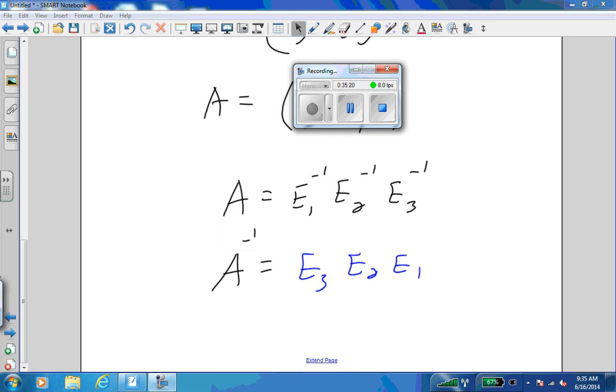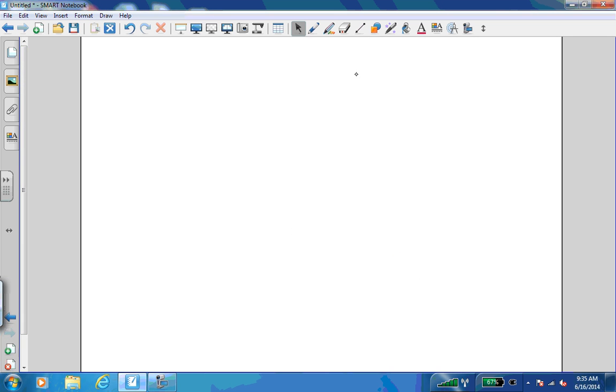Now the last thing that we're going to do in this section is to write the square matrix as a product of elementary matrices and an upper triangular matrix. So when we say that something is upper triangular, I'll read the definition out of the book to start with. It's a square matrix in which all the components below the main diagonal are 0.